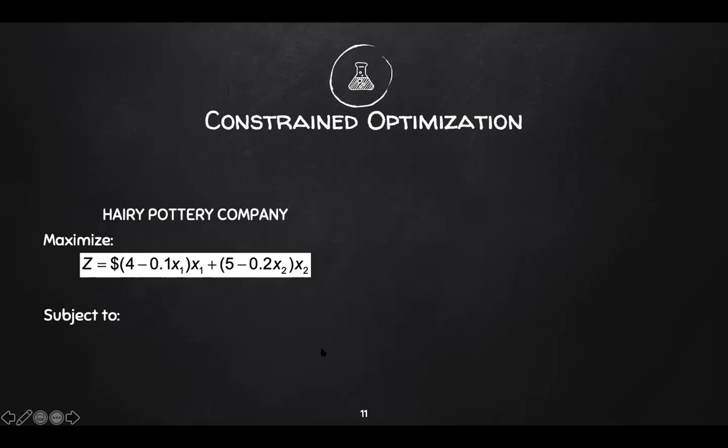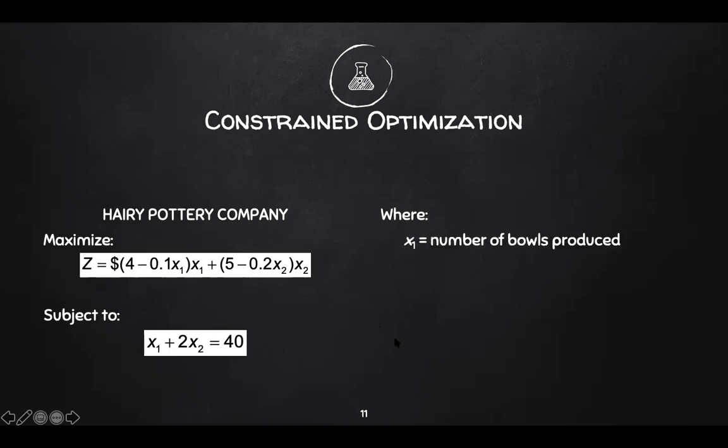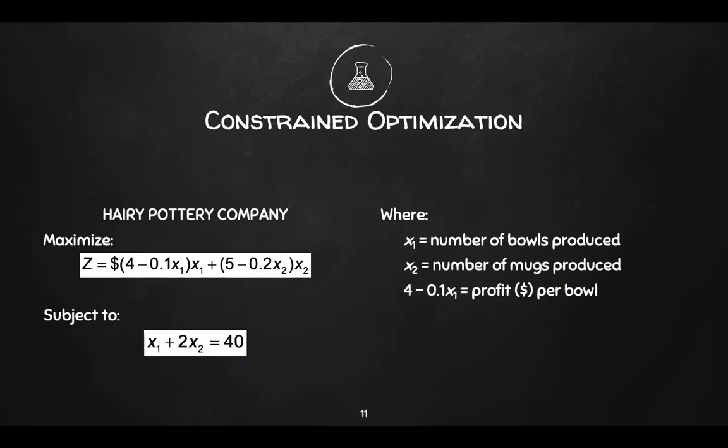Subject to the constraint, x1 plus 2x2 should be equal to 40. This is the labor constraint, if you remember. Pero this time, we will use the constraint equal to signify na dapat gamitin niya talaga yung buong 40 hours. Where x1 is the number of bowls produced, x2 is the number of mugs produced, 4 minus 0.1 x1 is the profit per bowl.